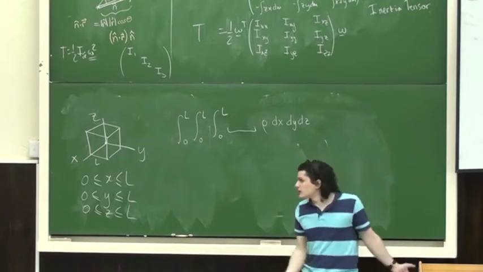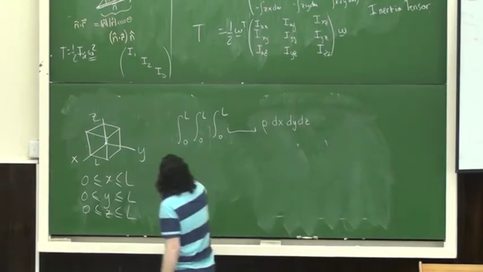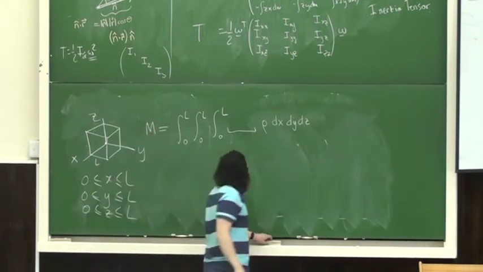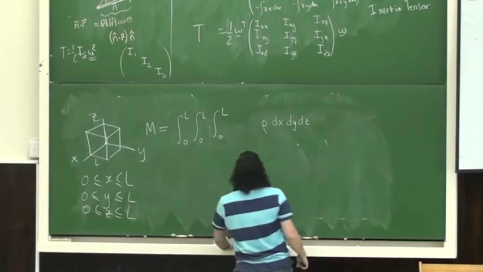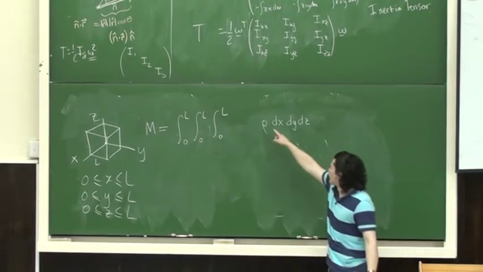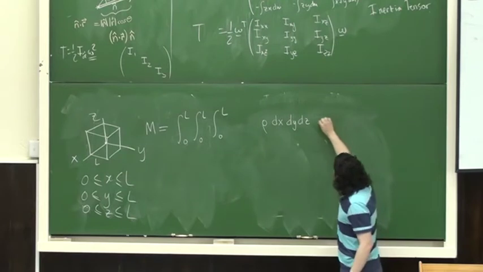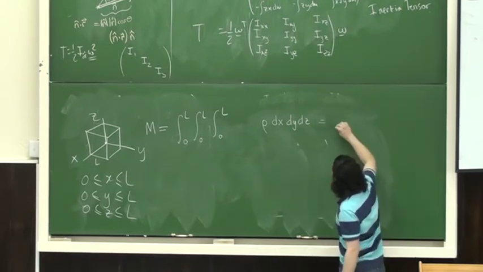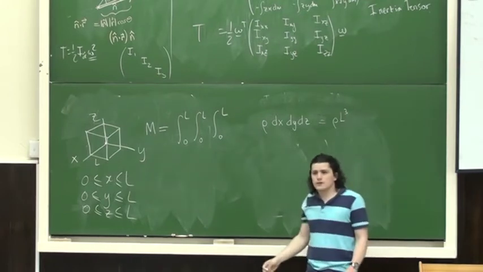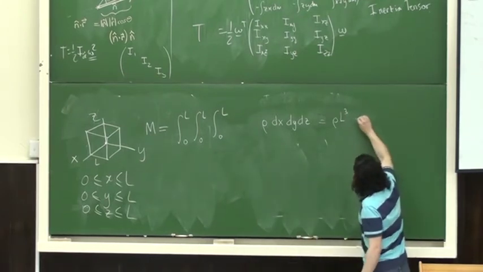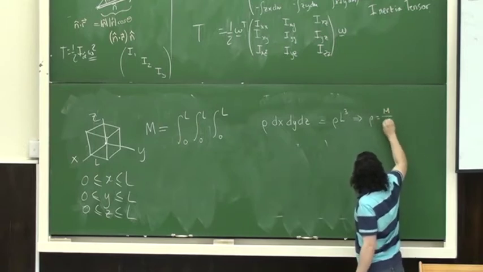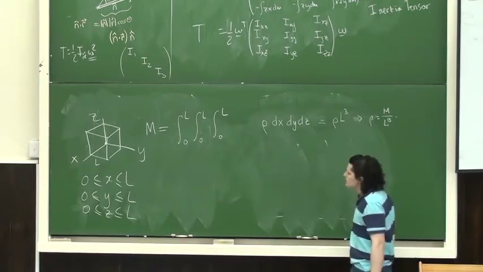Otherwise, I would give you some equation for density. So mass is the integral of dm, which is the integral of rho dV. And that integral is quite clearly, in this case, equal to rho L cubed. So rho is equal to m over L cubed.